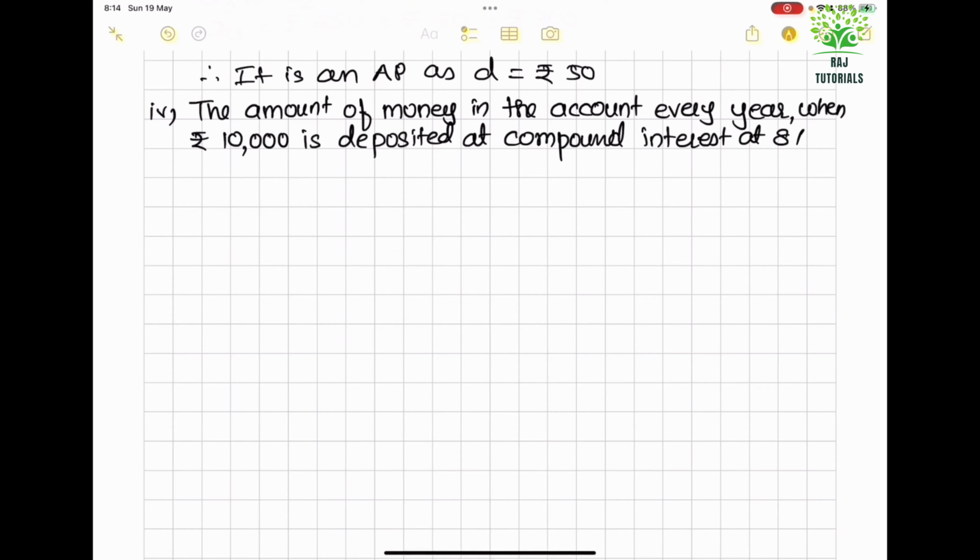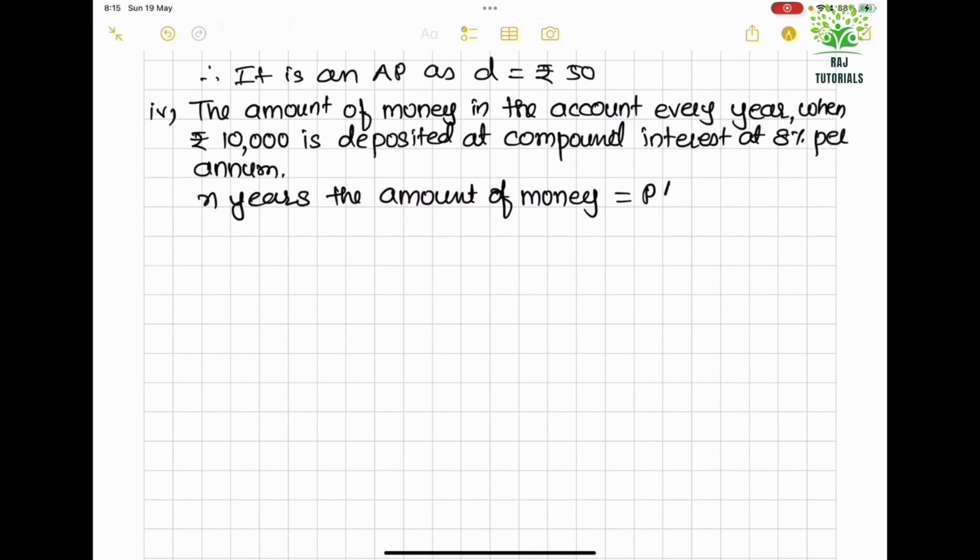At 8% per annum. So here, see, for n years the amount of money will be P into (1 plus R upon 100) whole raised to n.